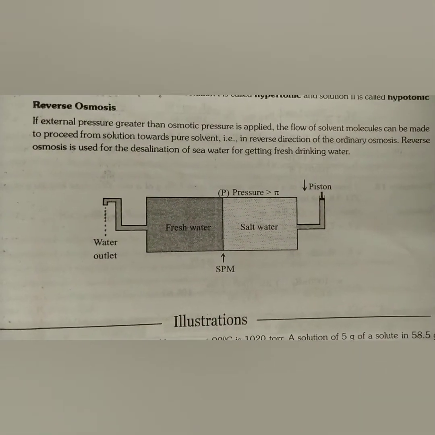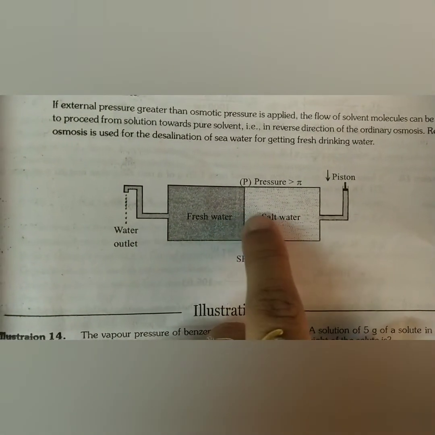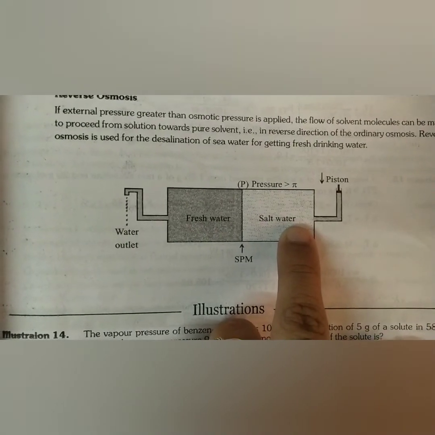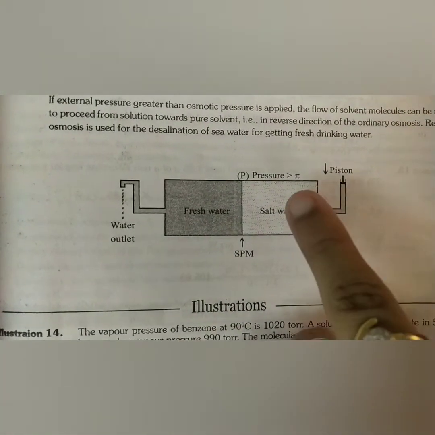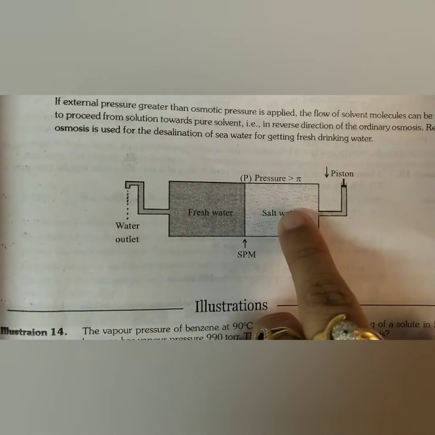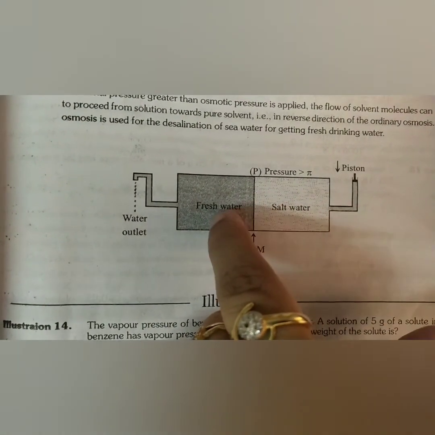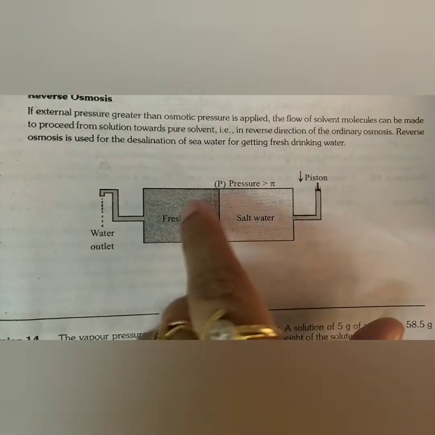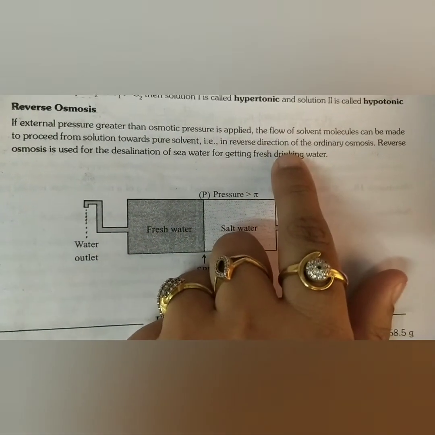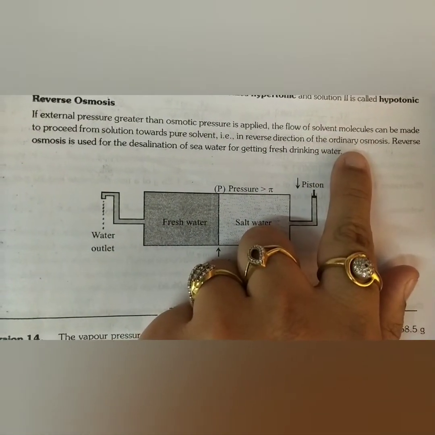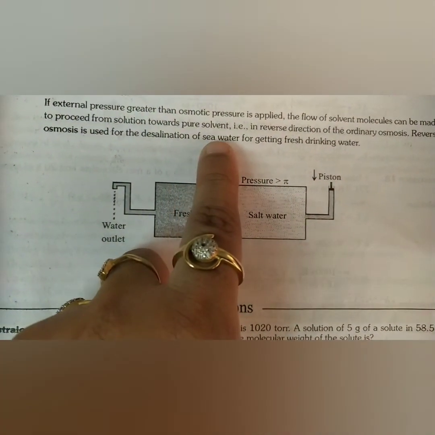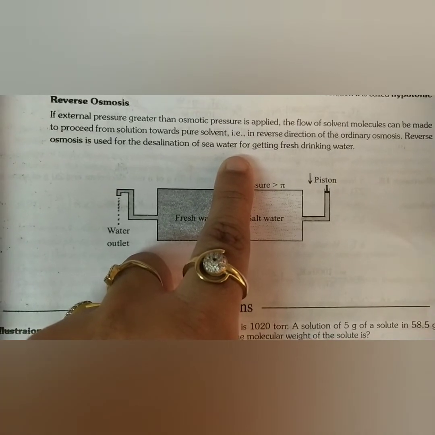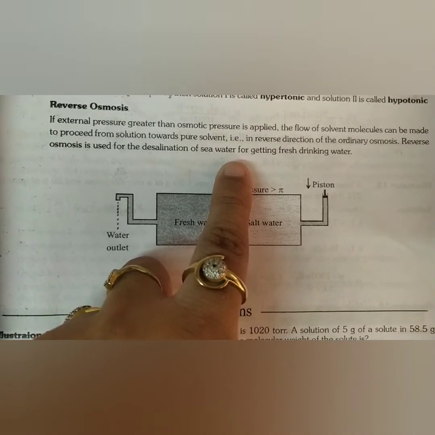Due to osmotic pressure, the solvent will travel to solution. But if extra pressure is applied over the solution, now solution molecules are now traveling to the solvent molecule. And that is the reverse direction of the ordinary osmosis. Reverse osmosis is used for the desalination of seawater for getting the fresh drinking water.